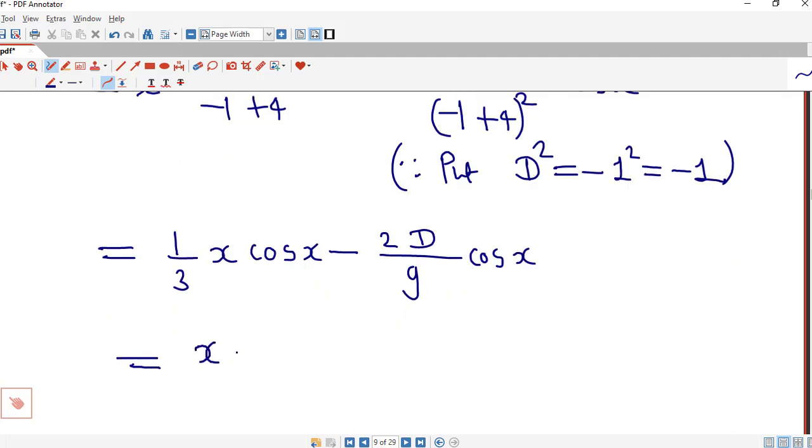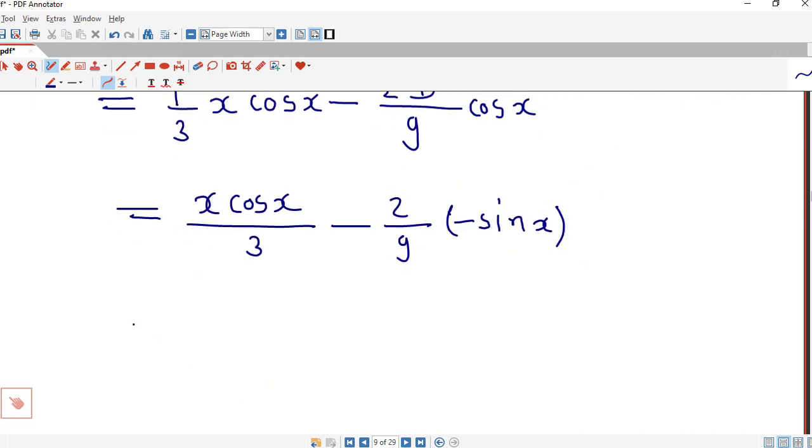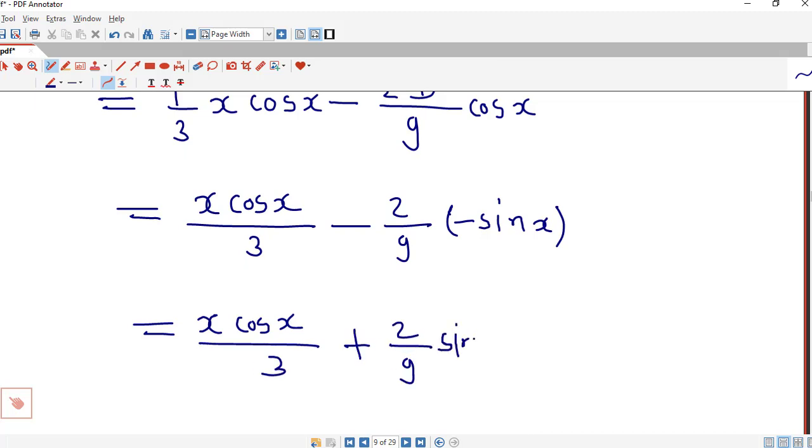Now D is nothing but the derivative with respect to x. So the derivative of cos x with respect to x is minus sin x, and this we can rewrite as x cos x over 3 plus 2 by 9 sin x. So this is the particular integral.